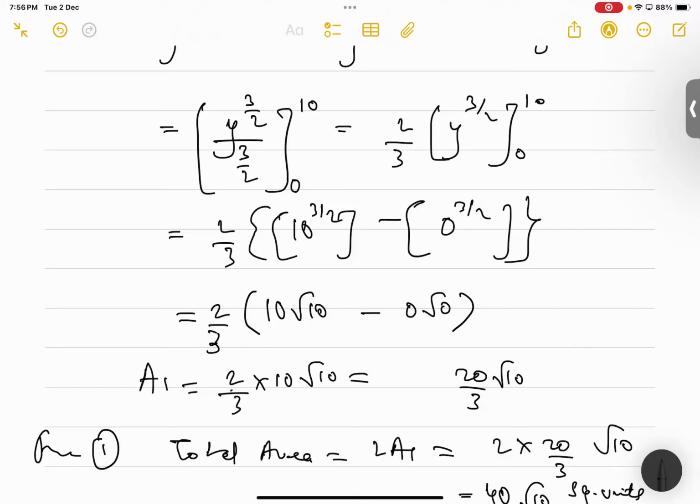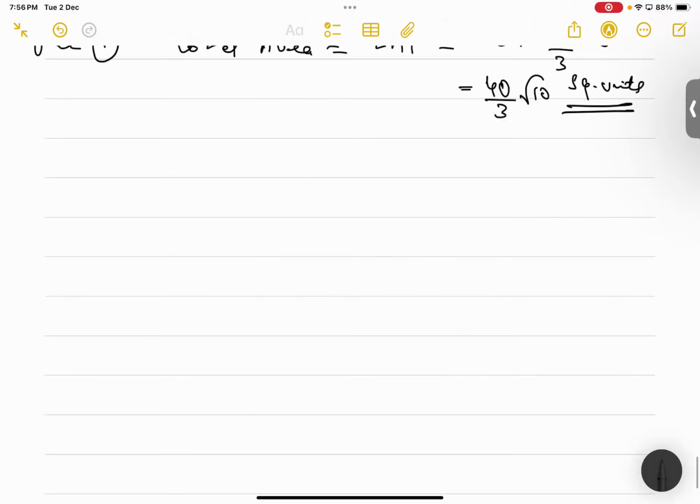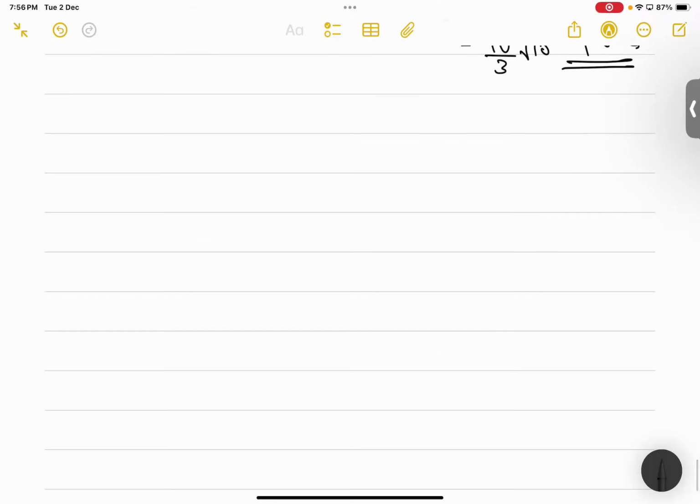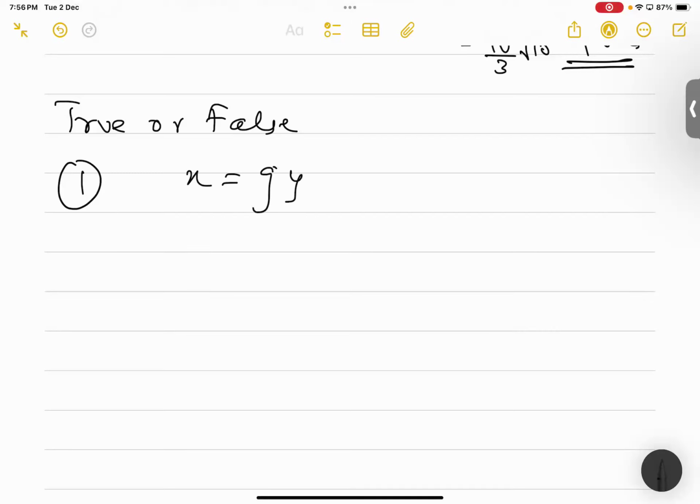Now let's go to true or false. First one: x is equal to g of y is a curve. x in terms of y, okay? So this is nothing but x is equal to f of y. g is nothing but a function only.